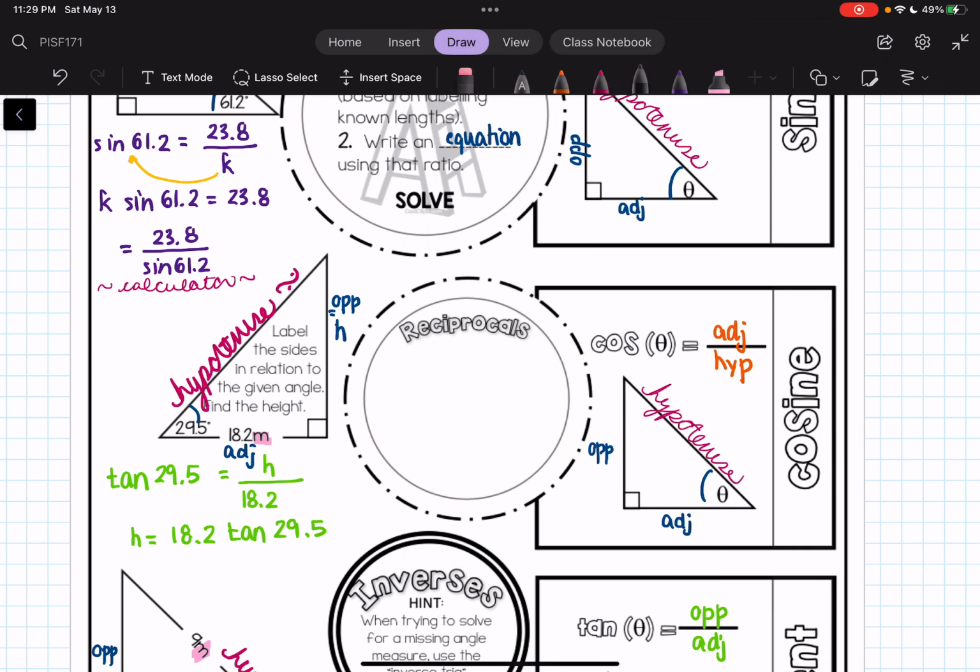And so before we move on, we're going to look at our reciprocal ratios. So reciprocal ratios, a reciprocal of a fraction is when we flip the fraction over. So it is the same thing, except we actually have names for them. So cosecant is 1 over sine.